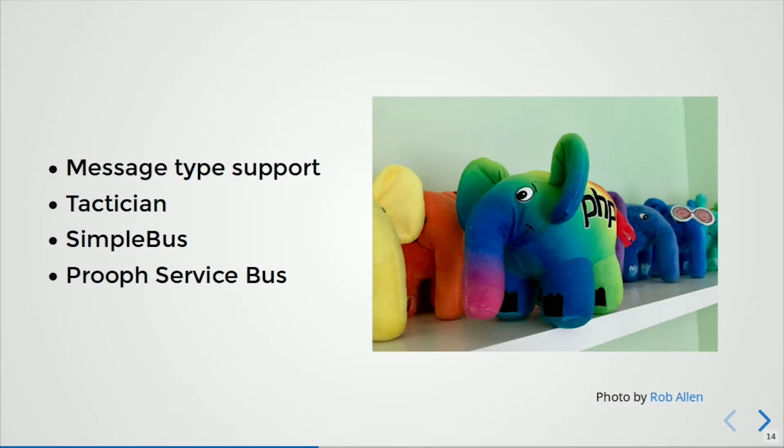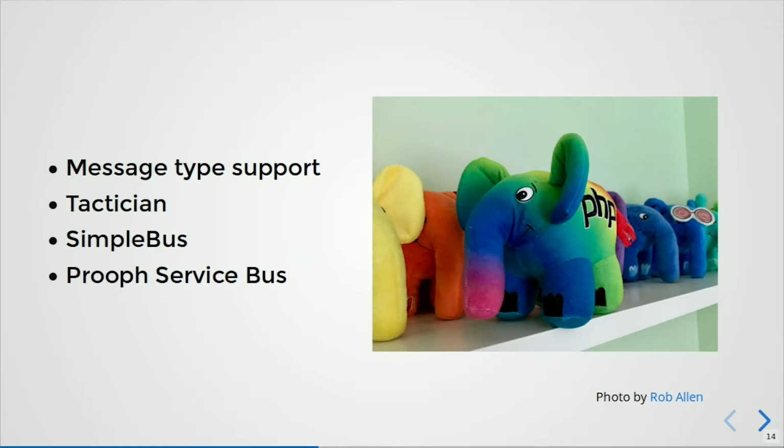So for example, Tactician, I thought it supported only commands, but it turns out it also supports queries, which I didn't know. I was using it only for commands. Simple Bus supports commands and events, and Prooph Service Bus supports commands, events, and queries.